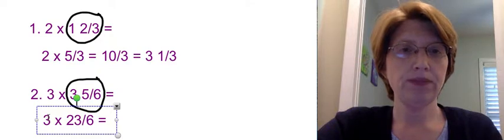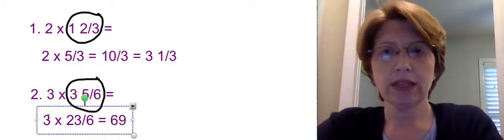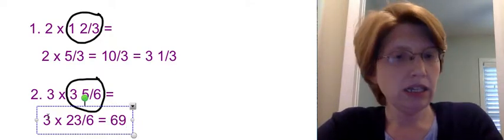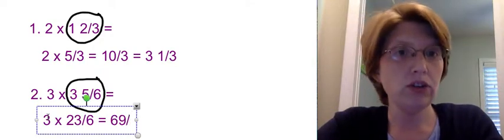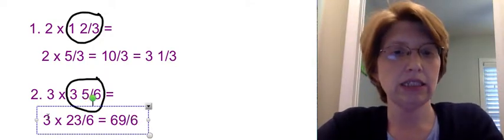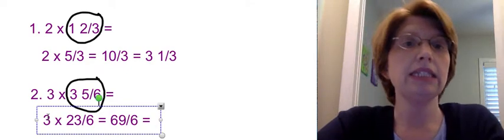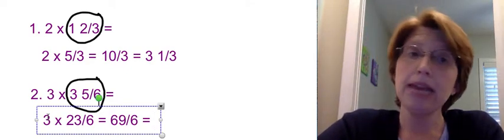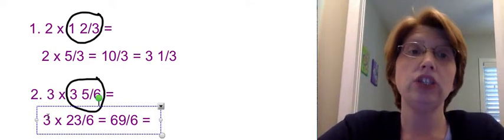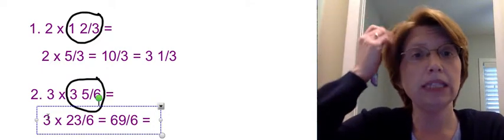Do you have it yet? 69. And then I keep the denominator, which is 6. 69 sixths. Now, I can't keep it that way. Now I have to change it back into a mixed number.